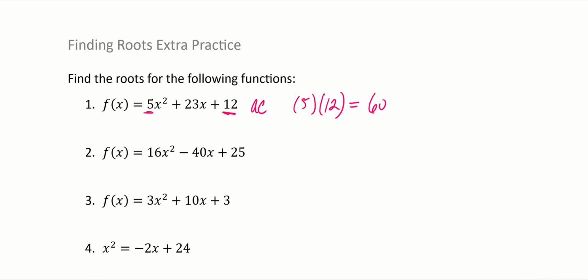So what I need to do is find factors of 60 that multiply to the middle term, which is 23.